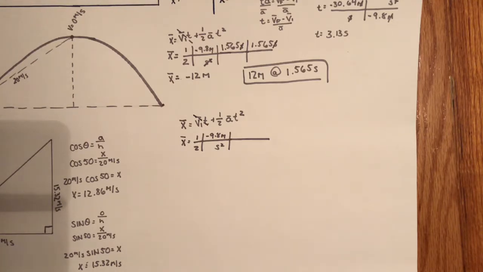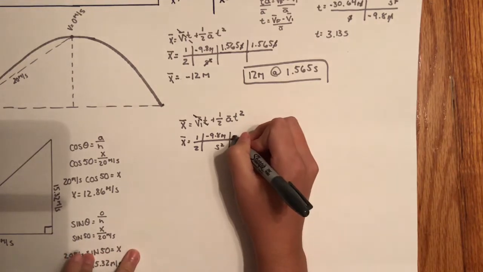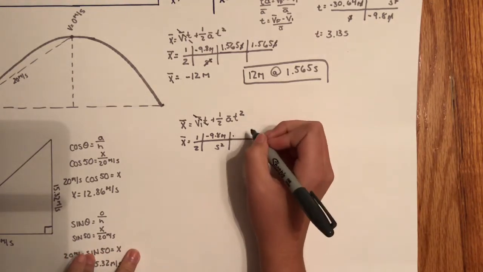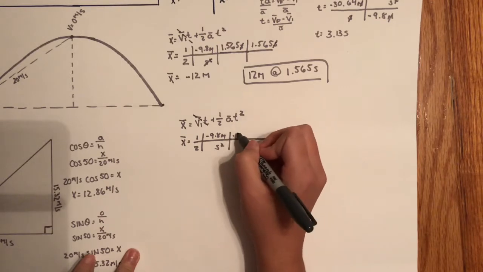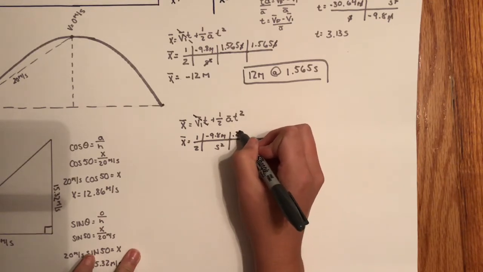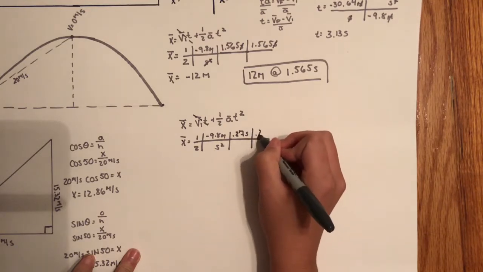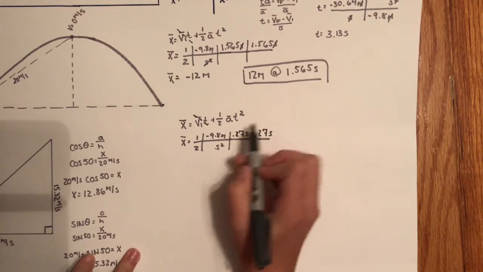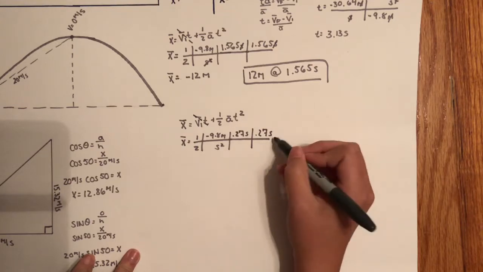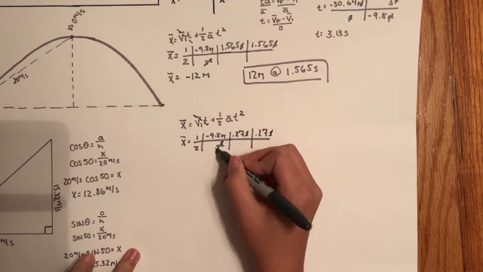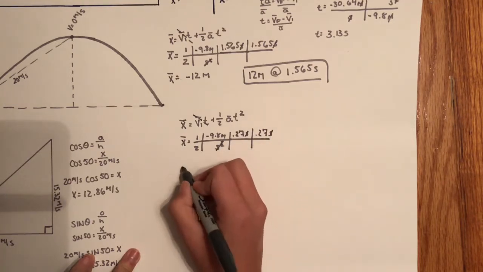Instead, we are only going to be using the 0.27 seconds that the problem gives to us. So that means that this will be 1/2 times negative 9.8 meters per second squared times 0.27 seconds, and again times 0.27 seconds because it's time squared. The seconds will cancel out with the seconds squared, leaving us with just meters.